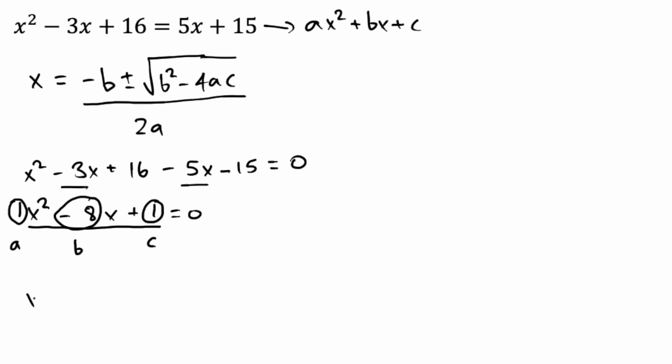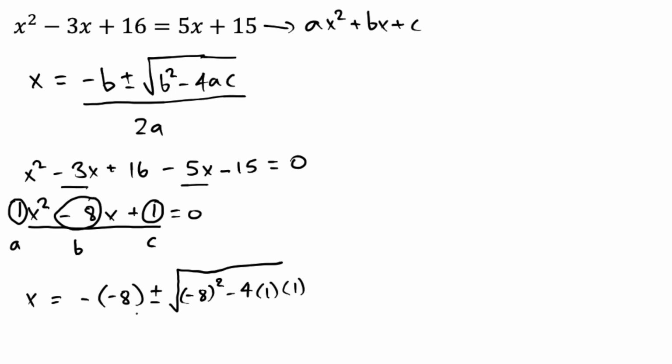So x is equal to negative of negative 8, which is a positive, plus or minus the root of b squared, which is negative 8 whole square, minus 4 into 1 into 1 all over 2 times 1.